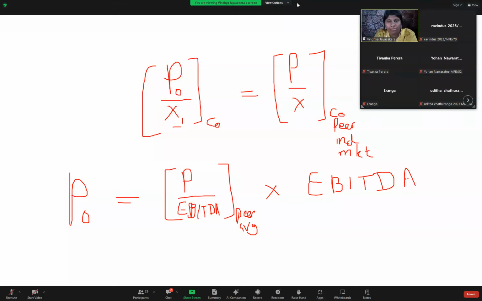Which EBITDA? EBITDA in year 2021, 2022, 2023, 4, 5, 6, 7. Which EBITDA?